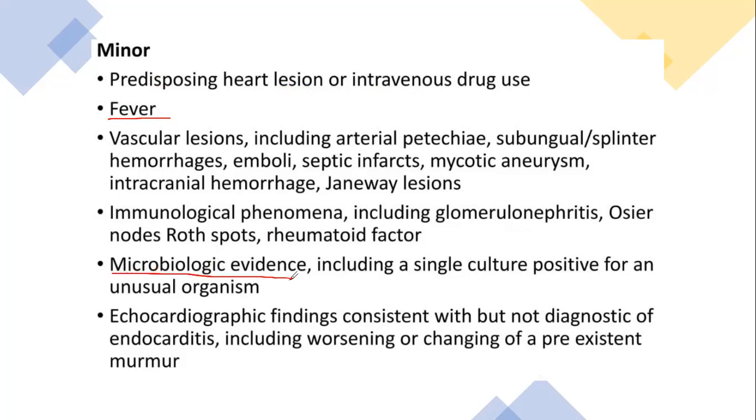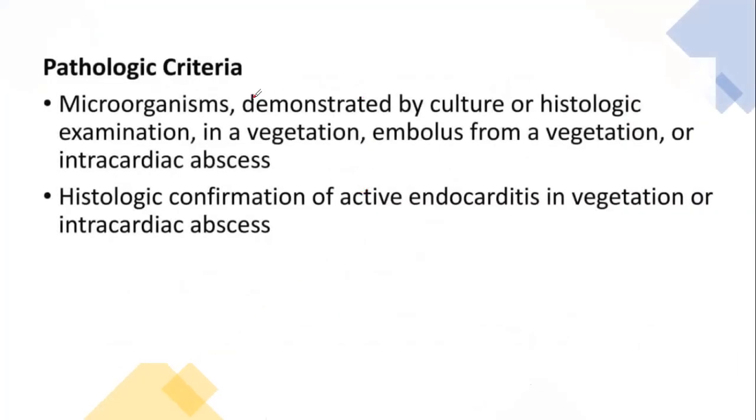You can also have microbiologic evidence, including a single culture positive for an unusual organism. Also vascular lesions, glomerulonephritis, or the Osler nodes or the Roth spots present. Also the Janeway lesions, those are under minor criteria. Then the pathologic criteria: microorganisms demonstrated by culture or histologic examination in a vegetation, embolus from a vegetation or intracardiac abscesses. We can also have histologic confirmation of active endocarditis in vegetation or intracardiac abscesses.